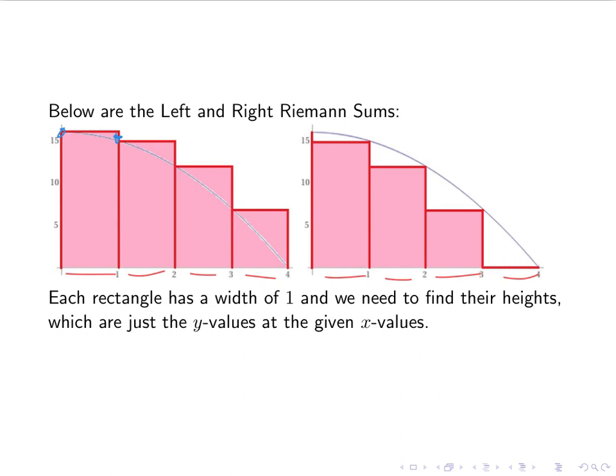Whichever of those endpoints is on the left, so the lower one, by lower I mean the lower x value, that is the height of the rectangle. So in my second rectangle from 1 to 2, I have my endpoint on the left, I have my endpoint on the right, and the height is the one on the left. Between these two, I want the one on the left. Between these two, I want the one on the left. As long as we know our lefts and rights, we'll be able to figure this out.